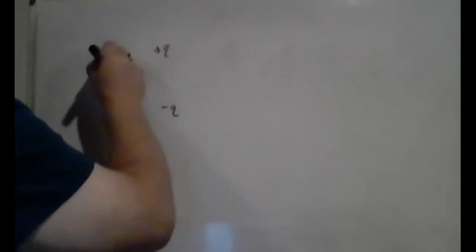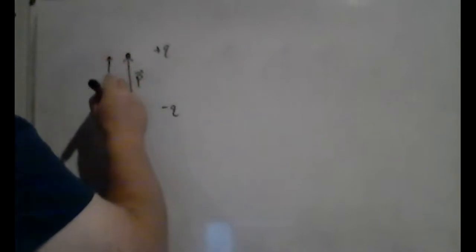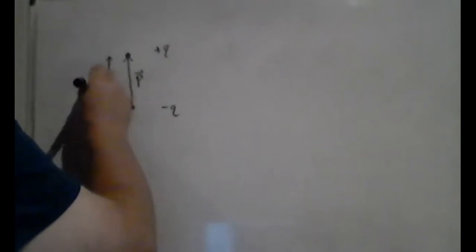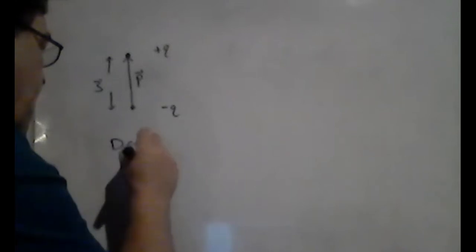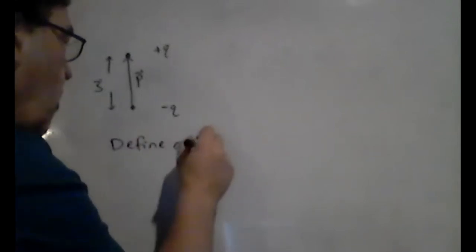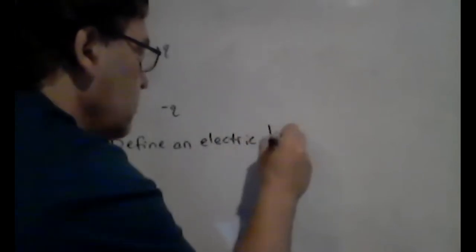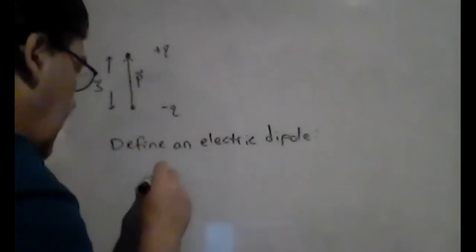We call this vector P. The distance between these closely associated charges is also a vector. That's your displacement. And so you define an electric dipole in this way, with separated charge Q.